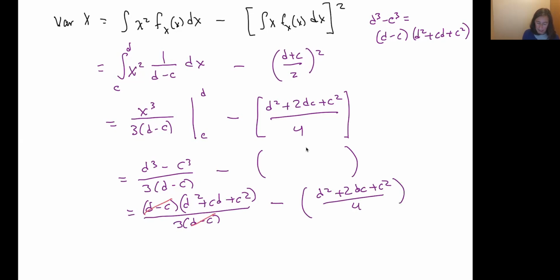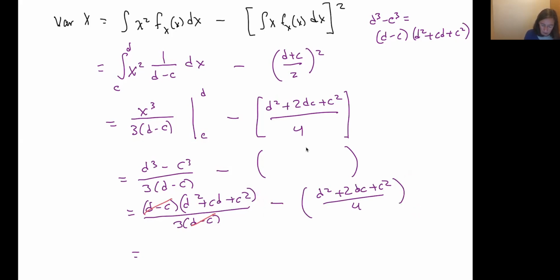Okay, so looks like I'm just going to have to multiply through to put them over a common denominator here. So the common denominator, I guess, is 12. I'm going to multiply this by 4 over 4 and that by 3 over 3 to get my 12.